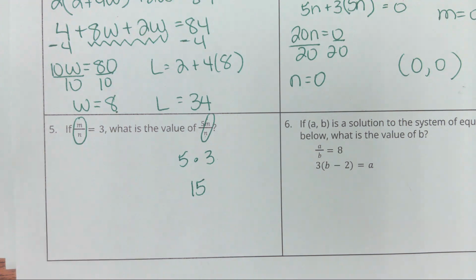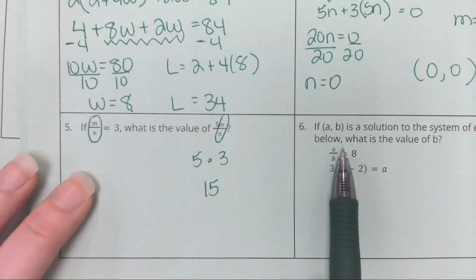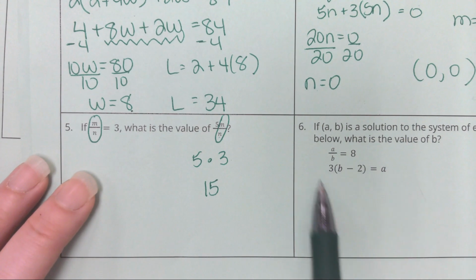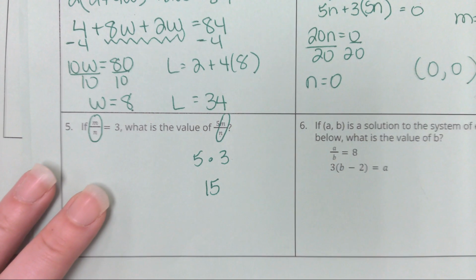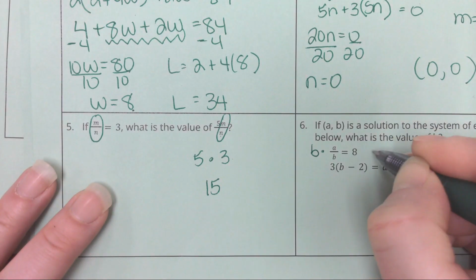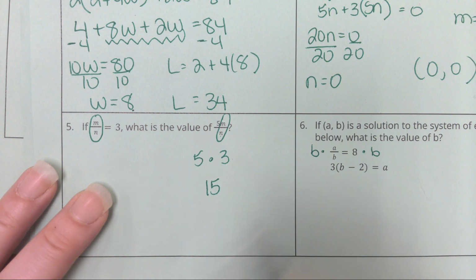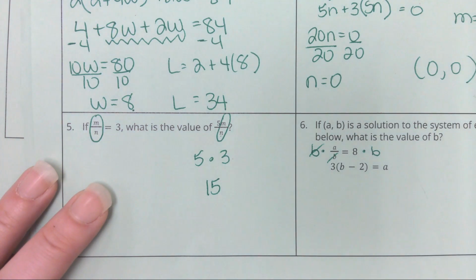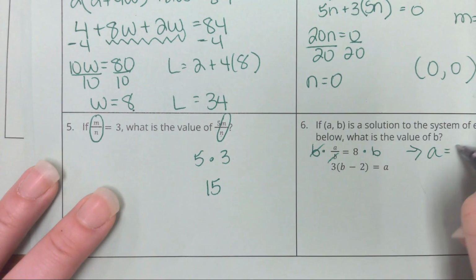6. In this one, oh, same thing, A over B. Shoot, do I see an A over B in the other problem? No. So on this one, what I'm going to do is I'm going to multiply both sides by B. Now I have A equals 8B.